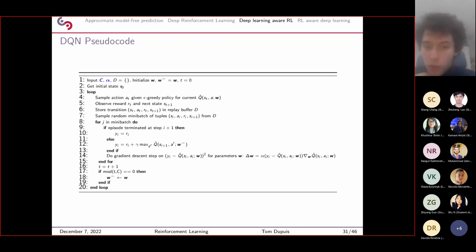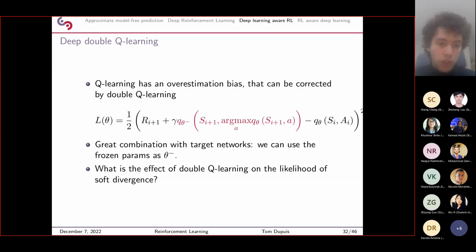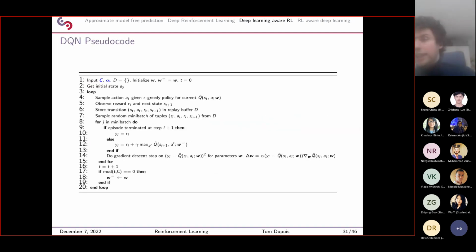And as you can see, we used the weight W minus to compute the targets, and not the weights of the main Q-function network. So it's not that complicated. It looks a lot like Q-learning already, just that now you don't have a table anymore. You have a deep neural network and a replay buffer and this target network.